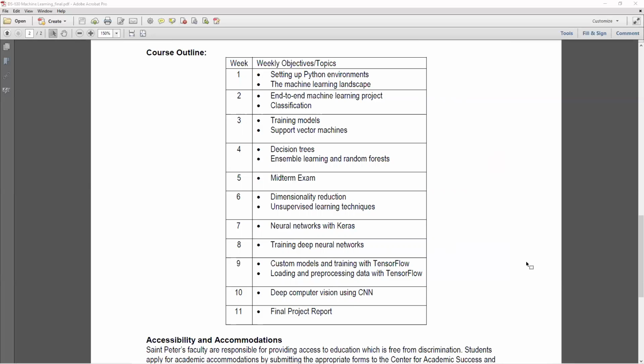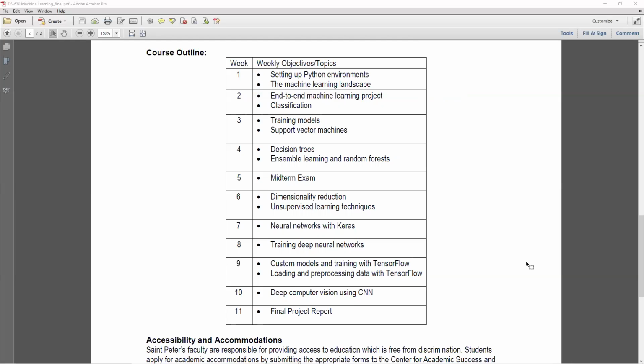Then many other different machine learning algorithms follow in week 3, week 4, and week 6. You can see that anything prior to week 6 is mostly supervised learning.